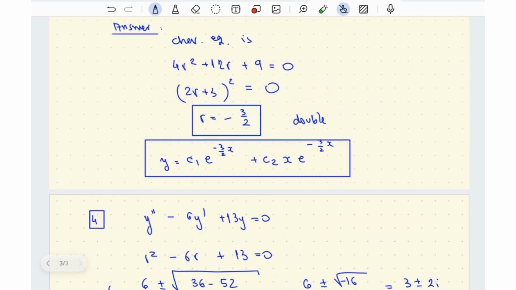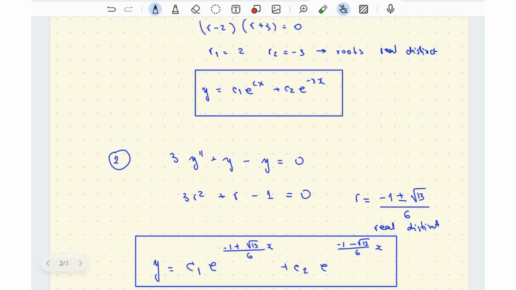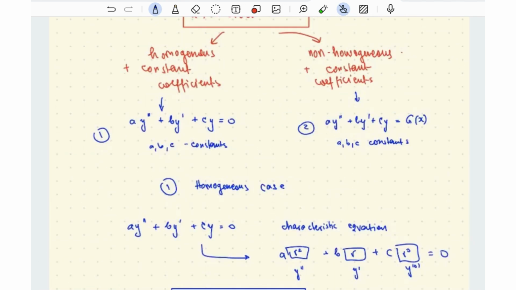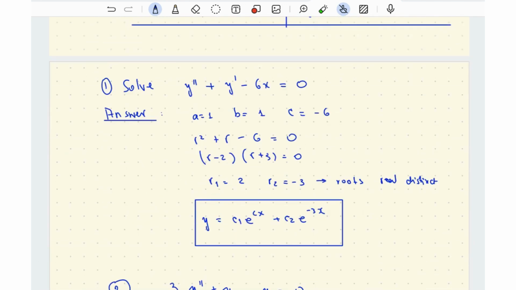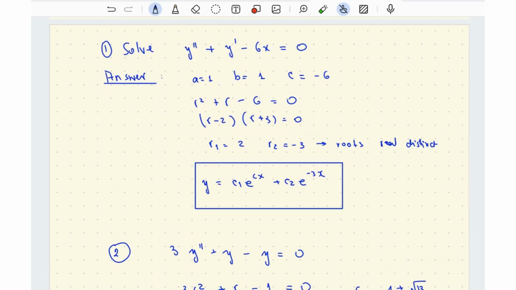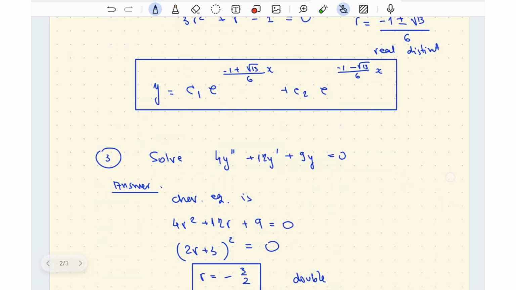Okay, so these are the examples, where I just want you to see how to solve. Basically, this is reducing the differential equations to some skills which are from pre-calculus or high school algebra.